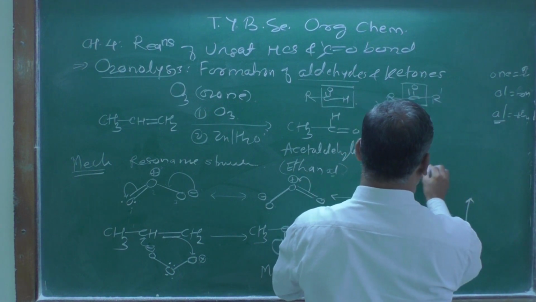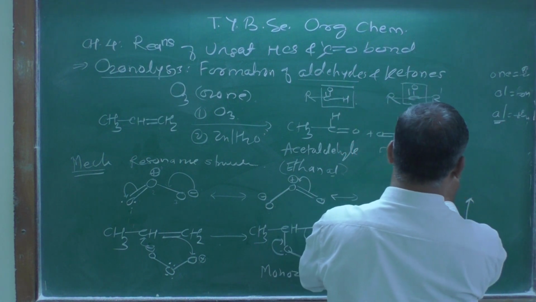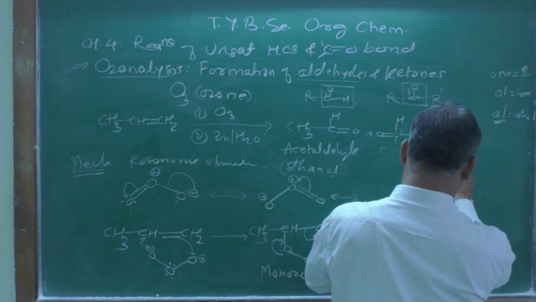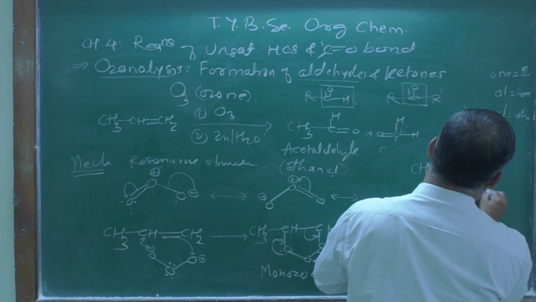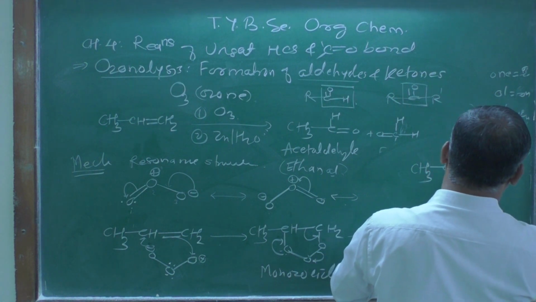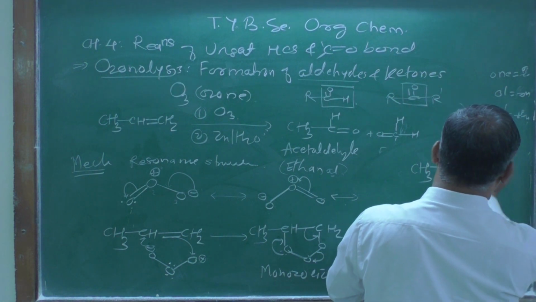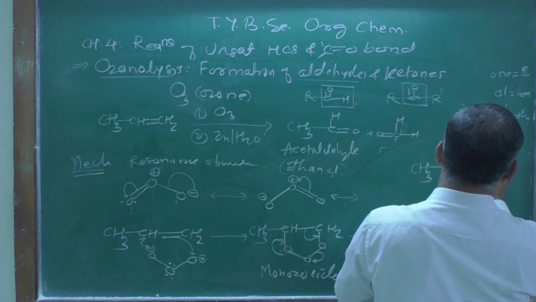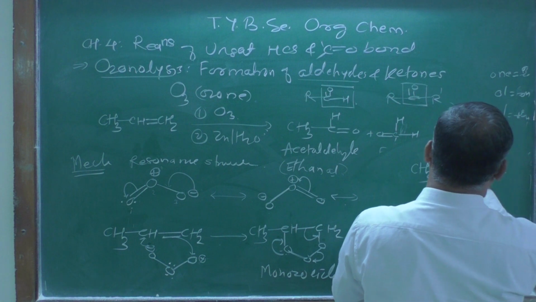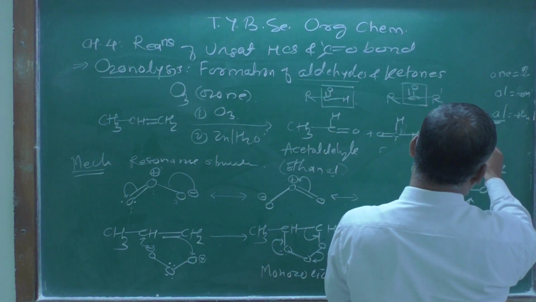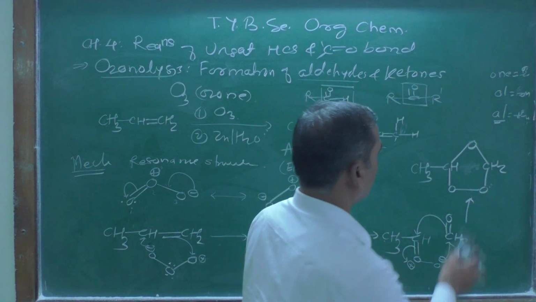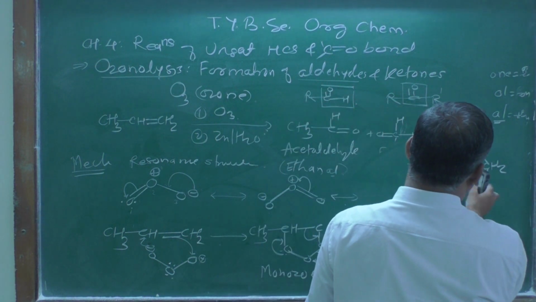Now this compound looks like this, CH3, then CH, here is an oxygen atom, here also has an oxygen atom, then this middle bond is not there, and now here CH2 and one oxygen coming exactly on the opposite, exactly above one, right?